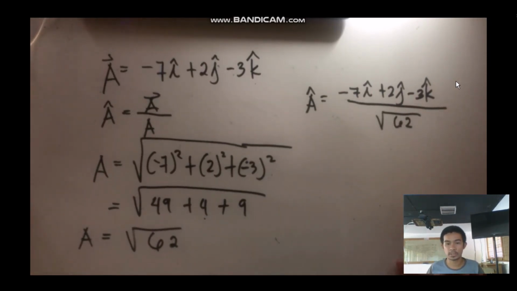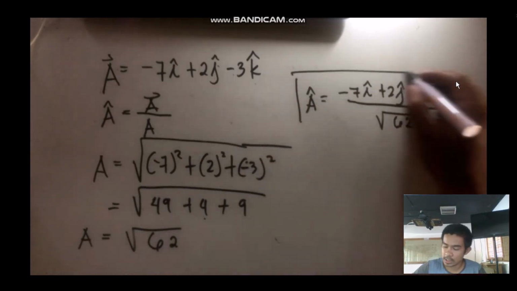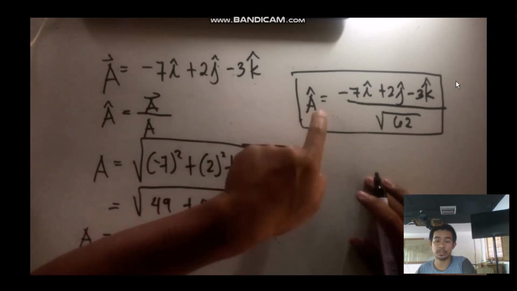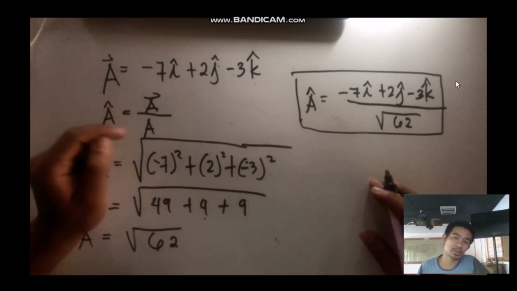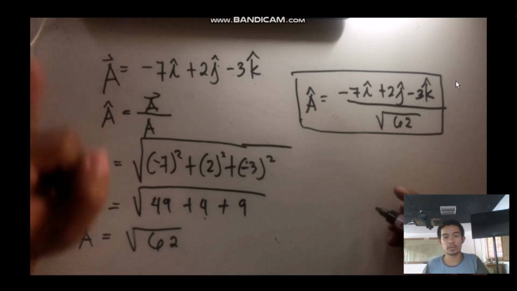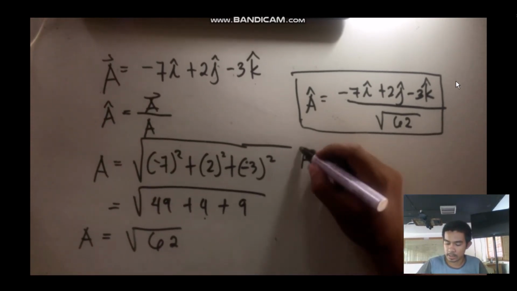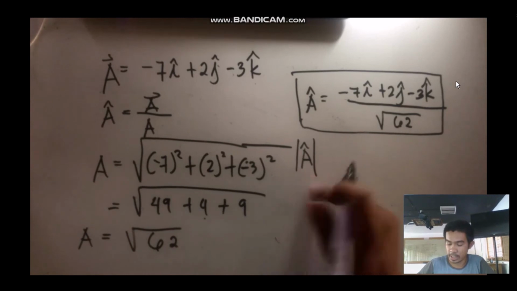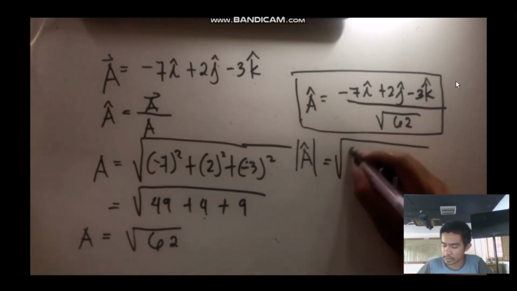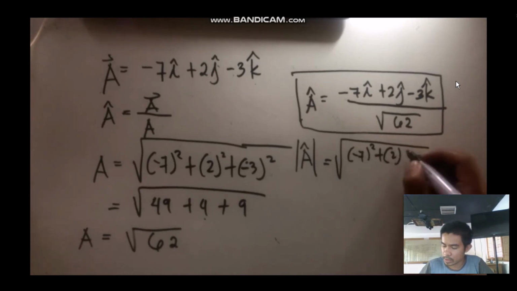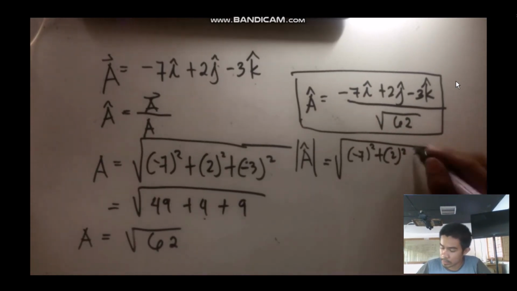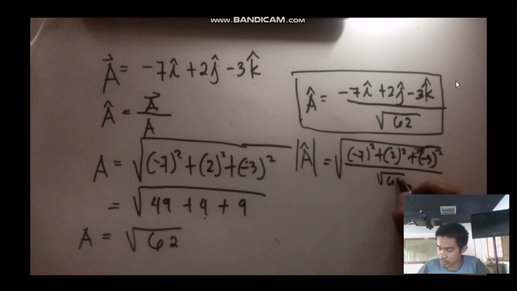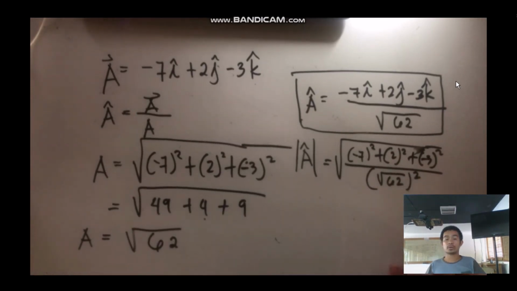Right. So let us double check if this is really the unit vector of vector A by looking at the magnitude of the unit vector. Remember this, the magnitude of the unit vector is always equal to 1. So the magnitude of unit vector A is the square root of negative 7 squared plus 2 squared plus negative 3 squared, all over the square root of 62, and we include the square.